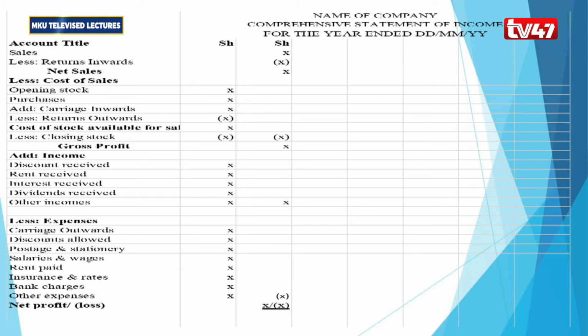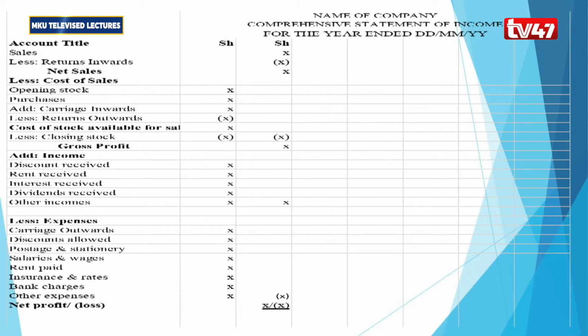On the other hand, we have return outwards. So for return outwards, they are simply goods, inventory, merchandise, or stock that the business takes back to the source, in this case, the supplier.